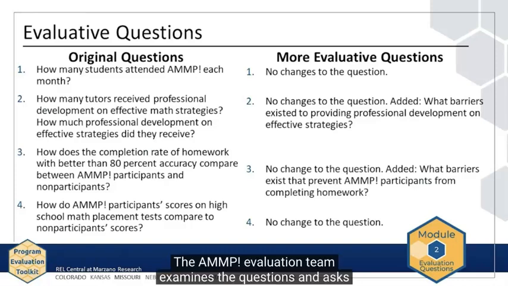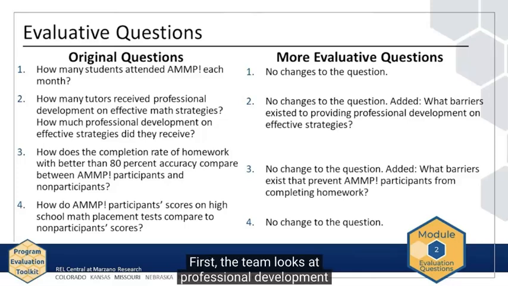The AMP evaluation team examines the questions and asks if the answers will inform changes to AMP. First, the team looks at professional development and realizes that the team needs to know why tutors might not be able to take advantage of professional development opportunities. This information will help the team consider changes to the delivery of professional development.